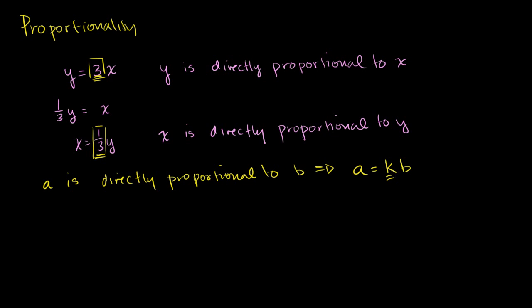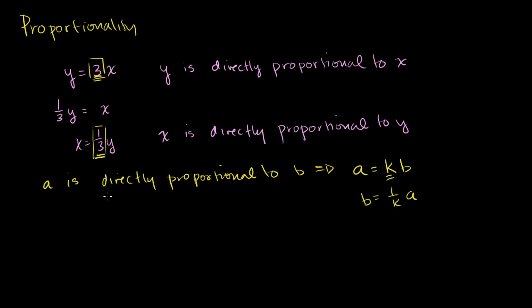It's equal to some number. And you could also say that b is directly proportional to a, where if you divide both sides of this equation by k, you would get b is equal to 1 over k a. This is direct proportionality.